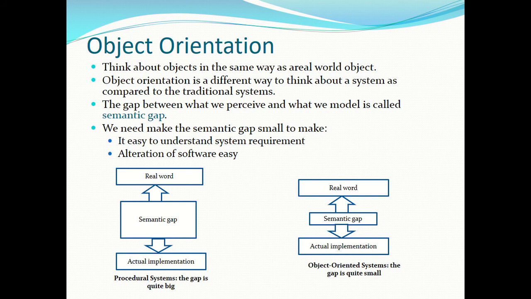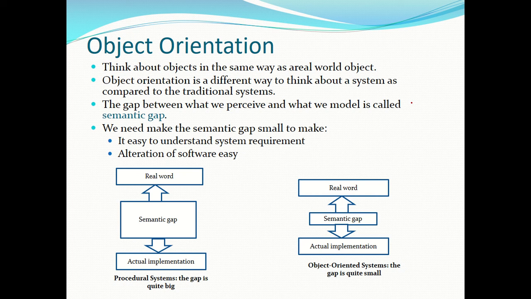All right, for object orientation, as a software developer, we need to design the software and then develop it. So when you design the software, you try to simulate the software similar to the actual real world. Now, when you do the implementation, there will always be a difference.